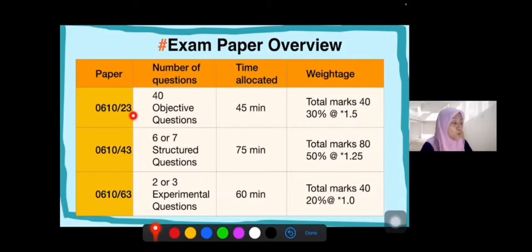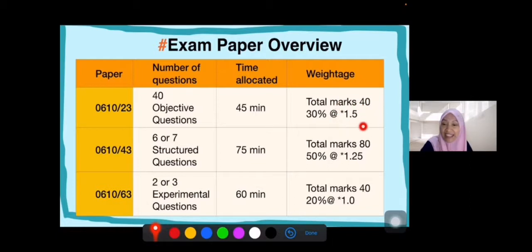Okay, for paper 2, it consists of 40 objective questions and you will be given 45 minutes to complete the questions. Ada 40 soalan, 45 minit je. So, kena use your time seriously and wisely. Okay, and this paper 2, the total mark is 40 at weightage of 30%.